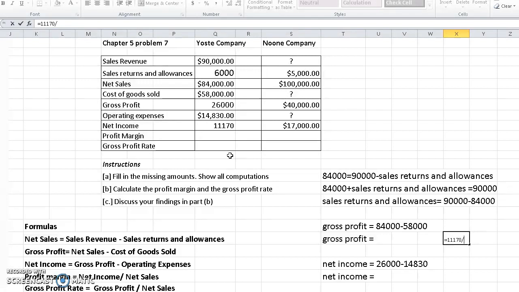And this time, if you hit the bar below the comma key, that's your divide symbol, and we're going to divide that by the net sales. Again, net sales is 84,000.